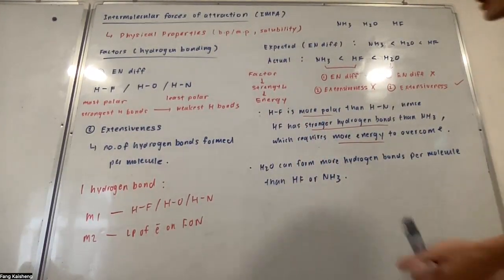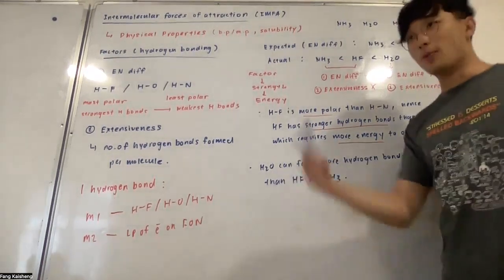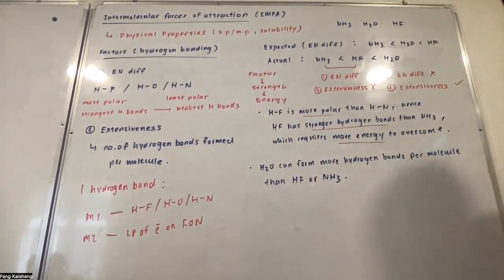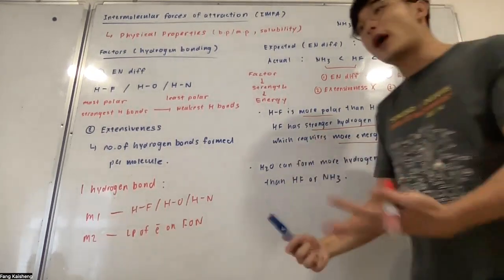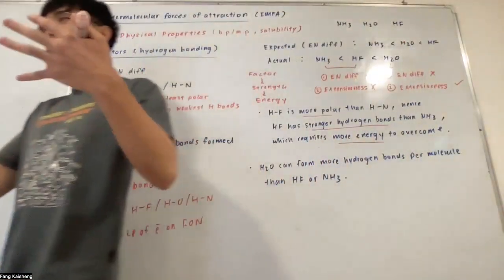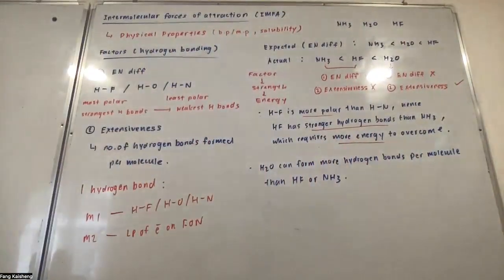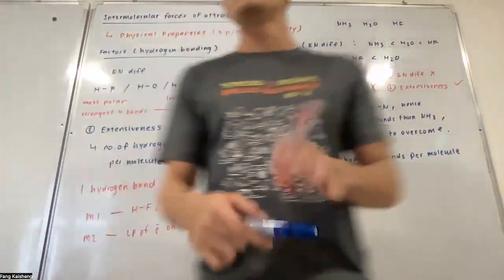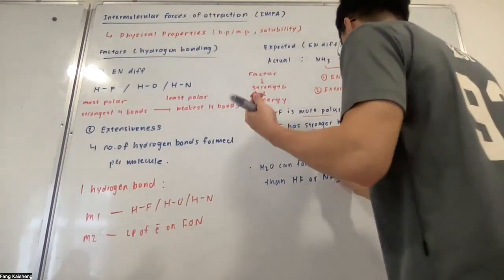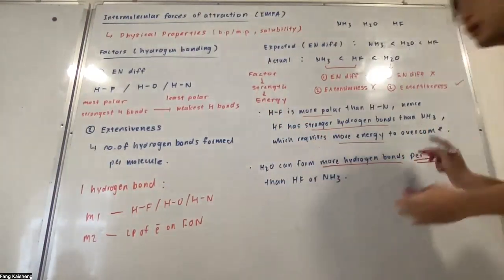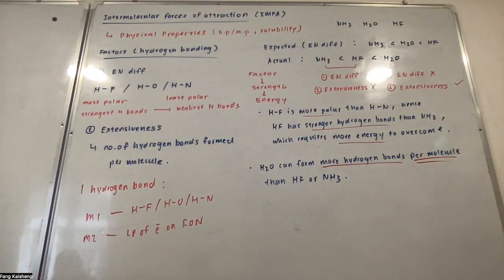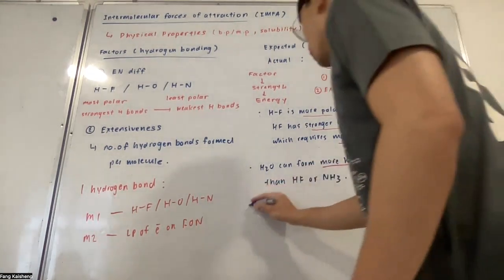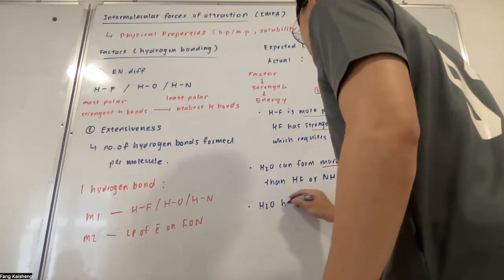I think some of you will tell me water can form 2 hydrogen bonds per molecule, HF and NH3 form 2 hydrogen bonds per molecule. Then you are wasting a lot of time. What you need to do here is just go straight to comparing. Just tell me it forms more hydrogen bonds per molecule. You must do this. Don't forget the words per molecule. If it can form more hydrogen bonds per molecule, it means water has more.